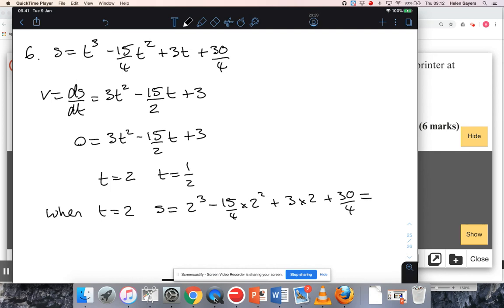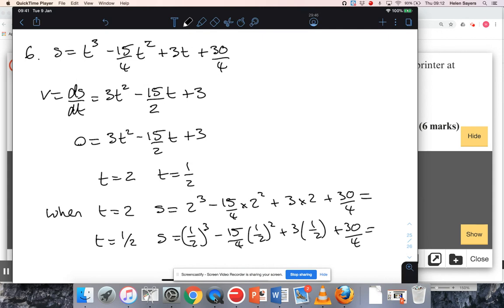I'll get that in a second. And then when t is a half, this will be a half cubed minus 15 over 4 times a half squared plus 3 times a half plus 30 over 4. Okay, so just quickly type that in.